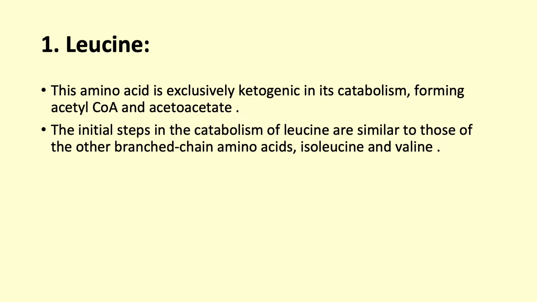These 3 amino acids, leucine, isoleucine, valine, have something specific in themselves, and the specificity that all 3 share is their shape. They have a branched chain. We are talking about the side chain, right?